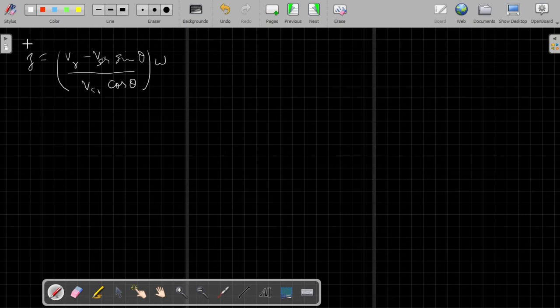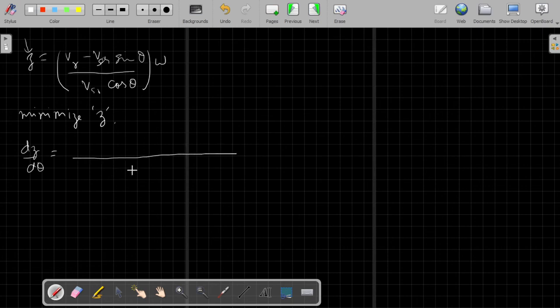Now we have to minimize the value of z. We have to find the minimum value of z. So we can minimize z by finding dz by d theta. So let us find dz by d theta. For that we'll be using the quotient rule.